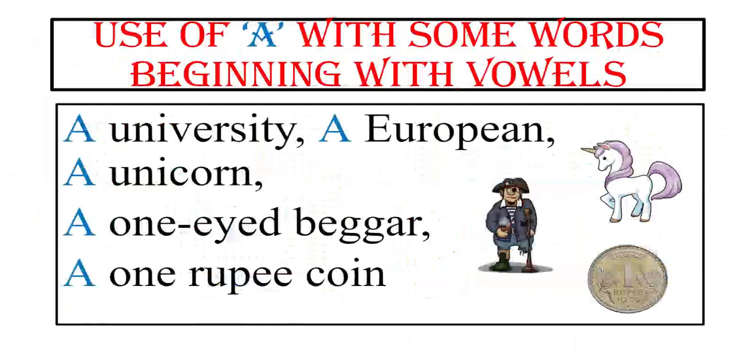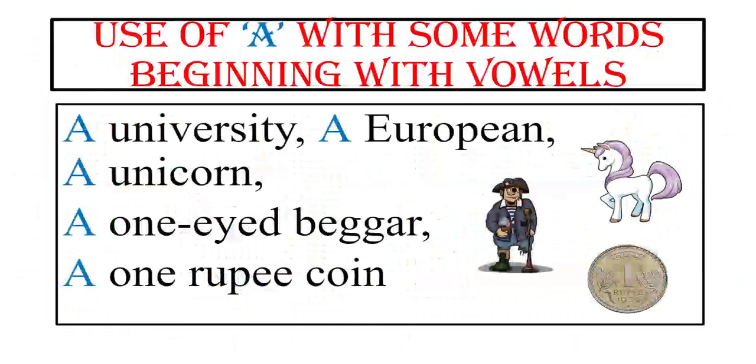But a, children, is used with vowels also, the words which begin with a vowel. Yes, of course, we tell you that A, E, I, O, U, vowels, we use an. But there are special words. Here you can see the words are no doubt beginning with U, E, O, but I have used a with these.